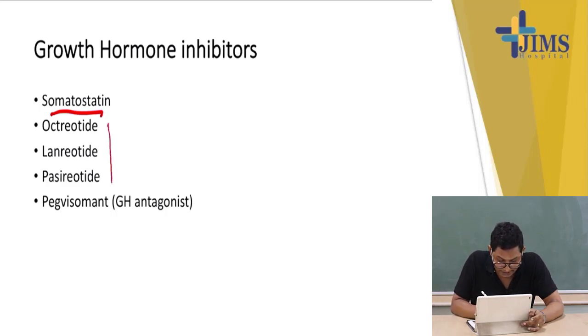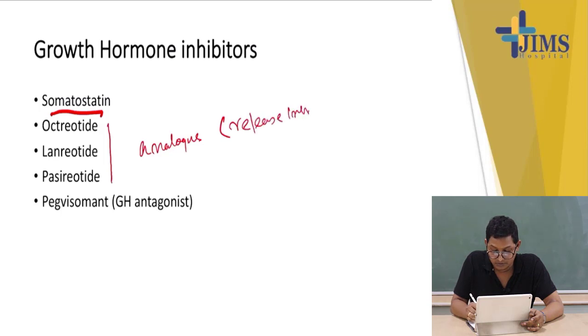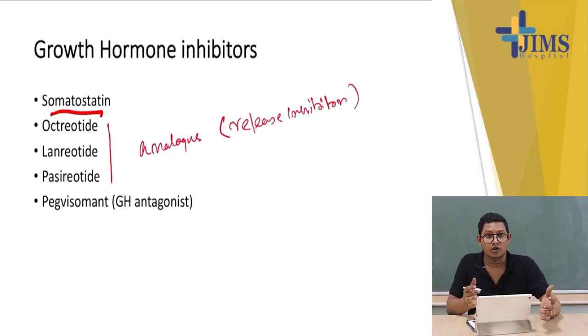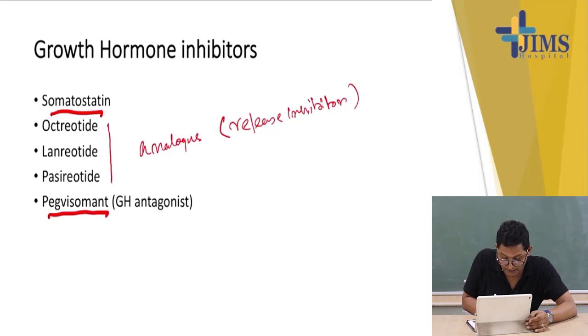Octreotide, lanreotide and pasireotide are somatostatin analogues, which are release inhibitors just like somatostatin. So, somatostatin, octreotide, lanreotide and pasireotide are growth hormone release inhibitors, whereas pegvisomant is a growth hormone receptor antagonist. Okay.